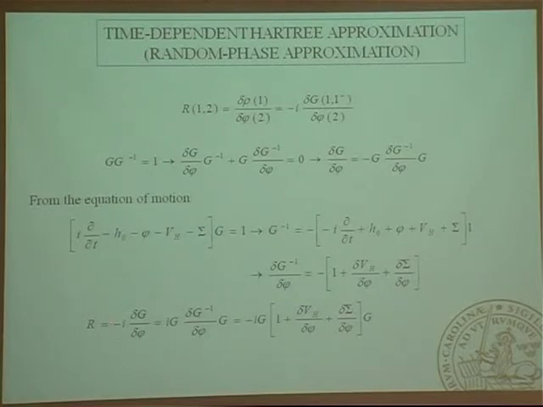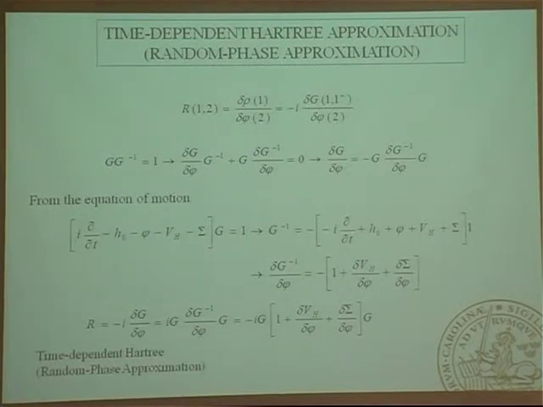So this is the original expression, dG/dphi, and we write it in terms of the inverse Green's function. We know this quantity here, and we just plug it in. So this is what we have for the response function. I have written everything here in a schematic way, but it's quite easy to put in the variables at the end.